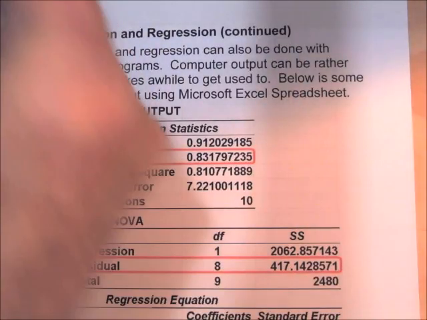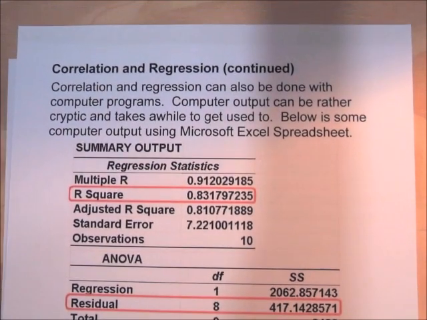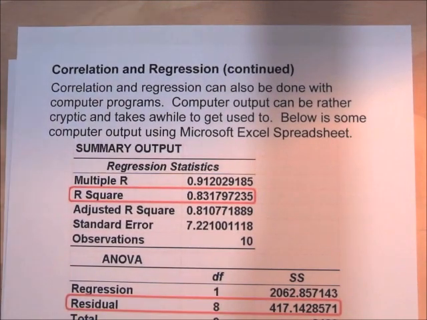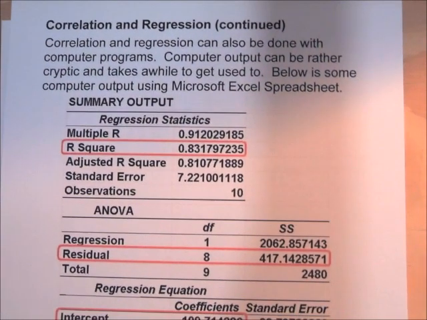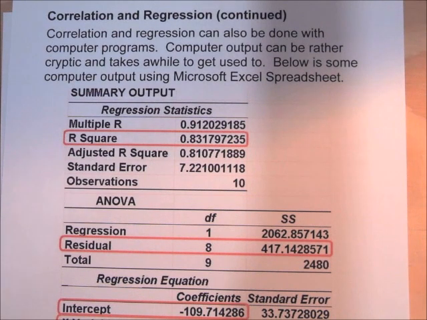I also want to mention that some of the WebAssign exercises will give you some computer output, and I ask you to identify the different statistics from it. The computer output can be kind of cryptic.